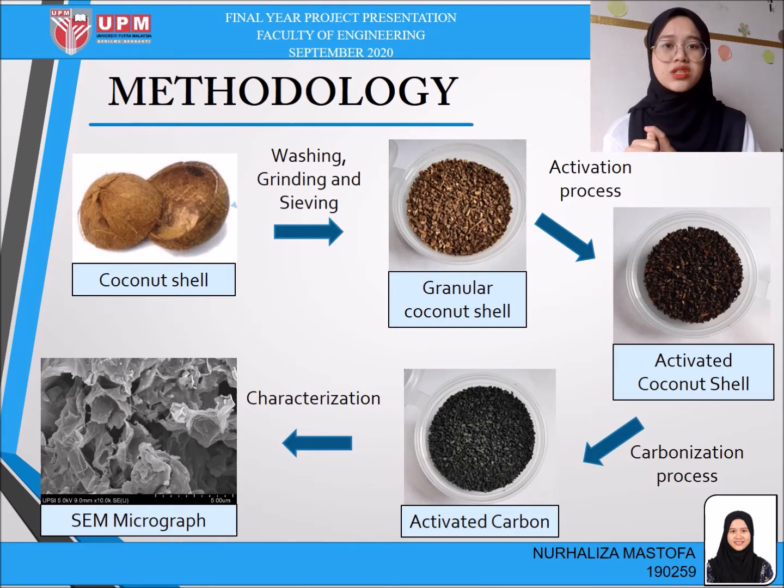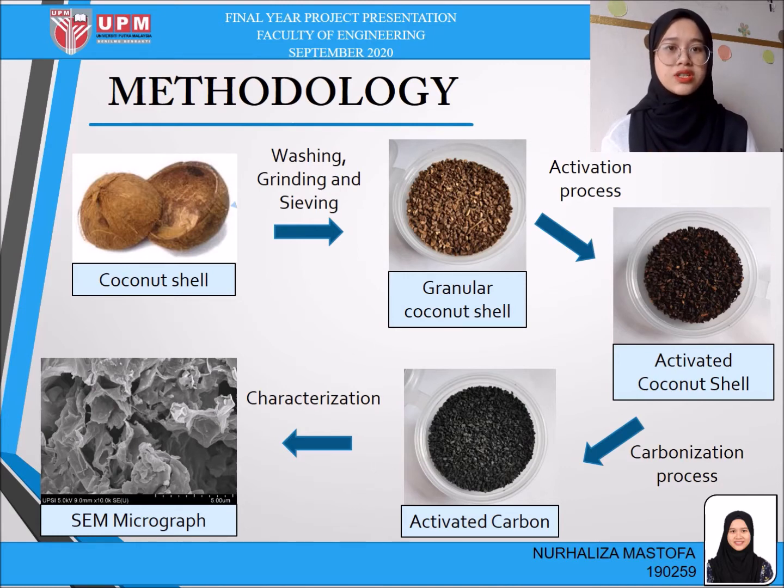The first one, washing, grinding, and sieving. The washing process is to get rid of the dirt around the coconut shell before grinding and sieving to get a uniform size of 0.8 mm to 2 mm. And then proceed to the activation process. In this process, the granular coconut shell is immersed in the chemical solution overnight.